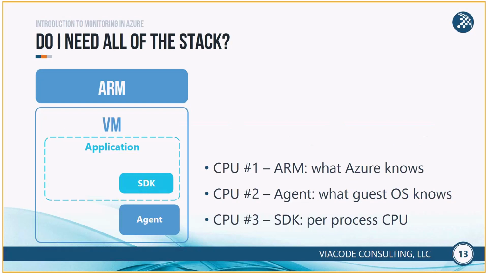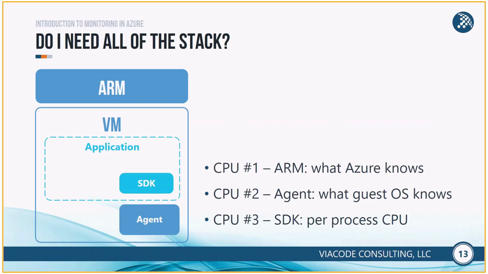For demo purposes in this presentation, let's pick on a VM, an application running inside a VM. First of all, when ARM manages your VM, it knows about the VM CPUs. So this is a coarse-grained view of CPU.